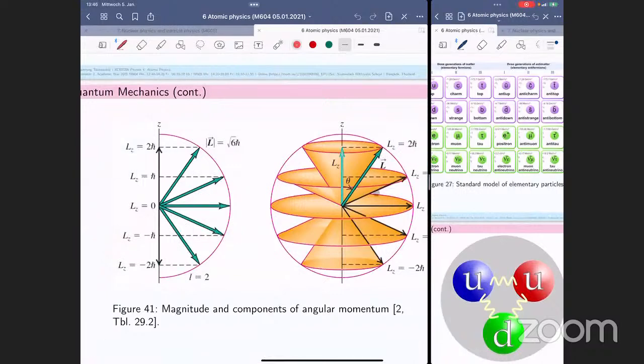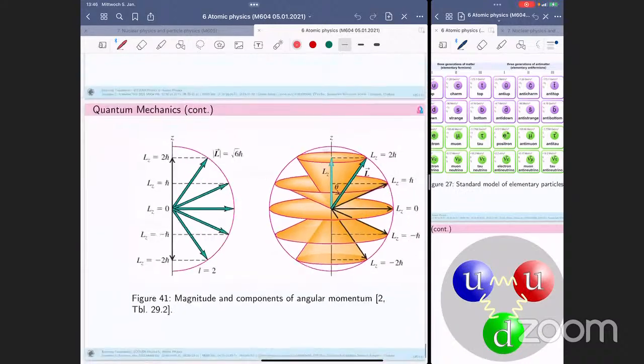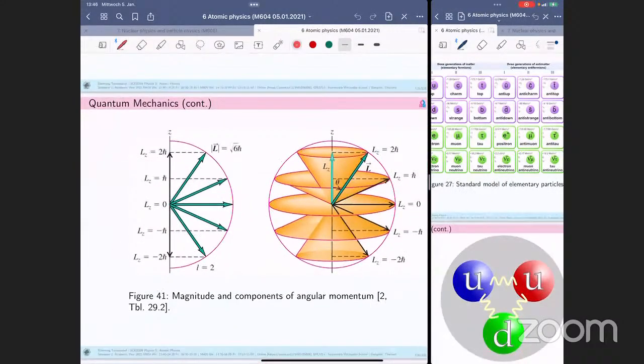If you look at this figure along the z-axis only, the magnitude is the square root of 6 times h-bar at that point, and here is h-bar, and here is 0, and here is negative h-bar, and here is negative 2 h-bar. Here is the case when L is equal to 2.